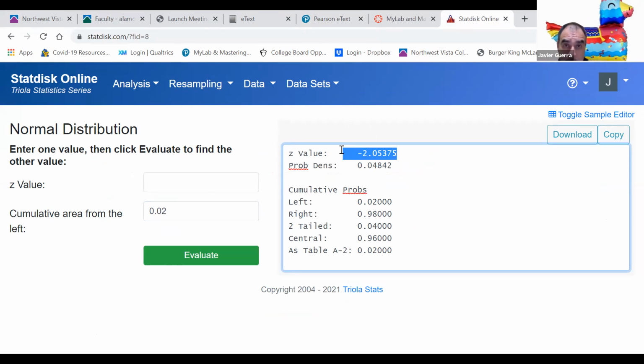My answer is negative 2.05375. And so that's the first part.